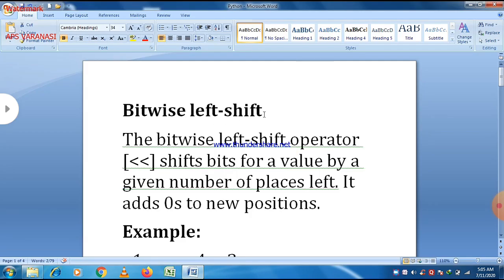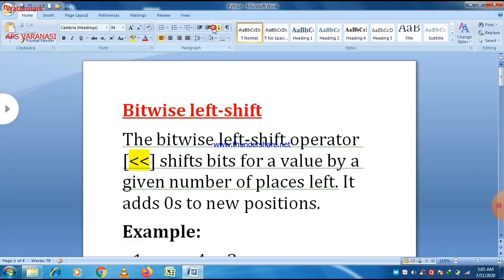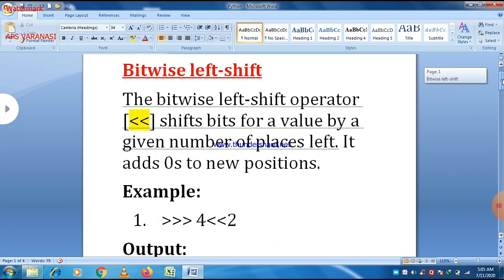The bitwise left shift operator shifts the bits of a value by a given number of places to the left. This is the sign of the bitwise left shift operator. It adds 0 to the new positions. So at empty places 0 should be added.